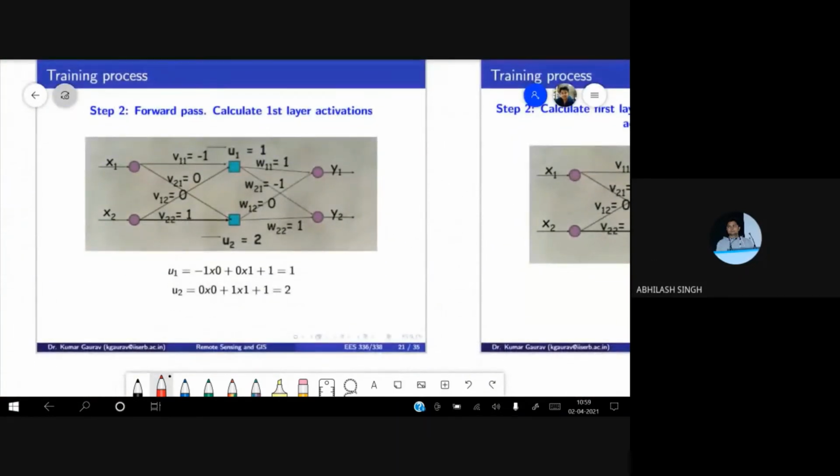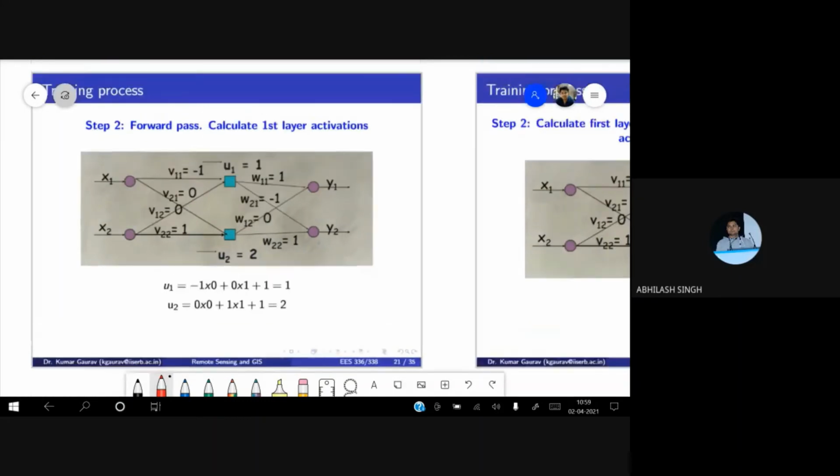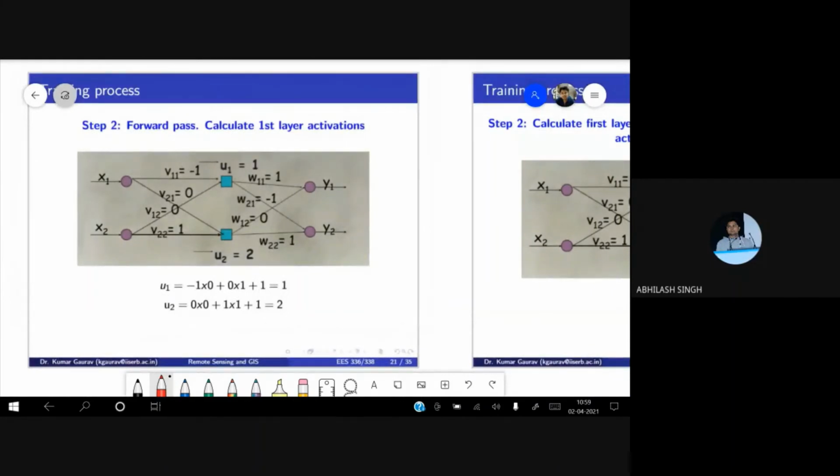Let us start. We have to first evaluate u1 and u2. So what will be u1? u1 will be bias plus x1 v11 plus x2 v12, and similarly u2 will be bias plus x1 v21 plus x2 v22.